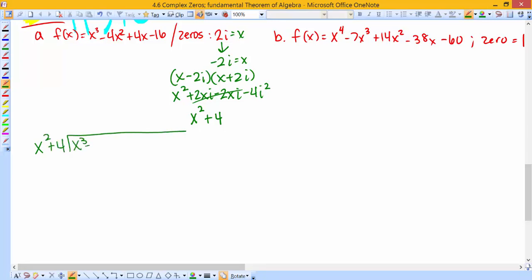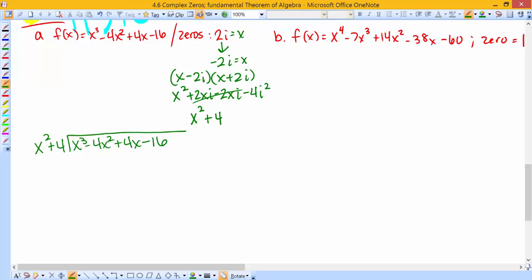So I have x cubed minus 4x squared plus 4x minus 16. With the long division, you will have to completely finish long division, not like when we were doing oblique asymptotes. So I'm going to go all the way until I have finished this.